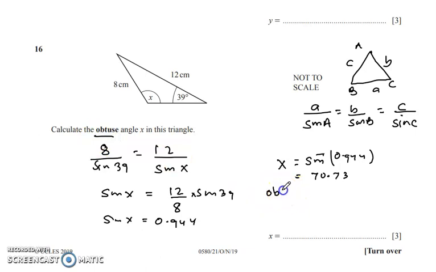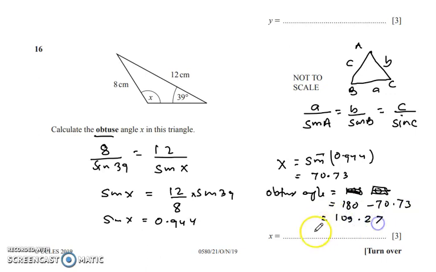If they ask us to find the obtuse angle, then we have to subtract it from 180. So it is 180 minus 70.73. The answer is 109.27. So this is how you can find the answer using the sine rule.